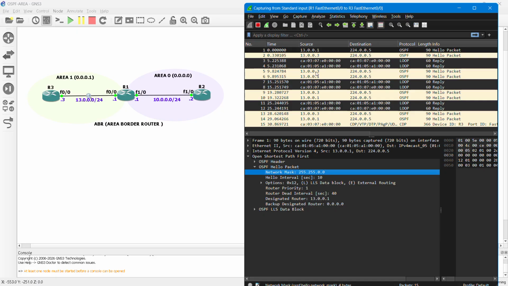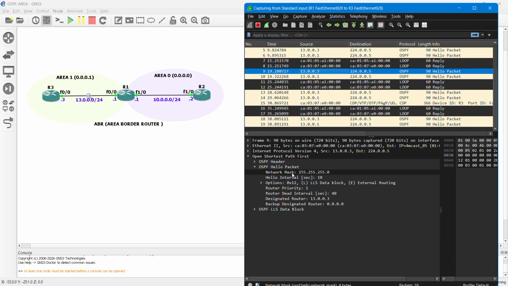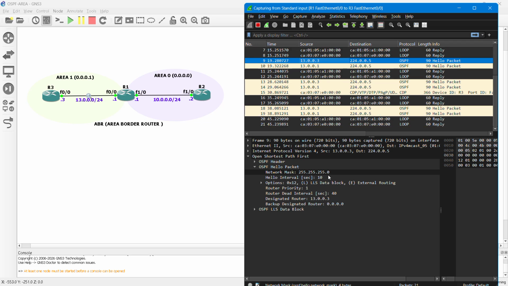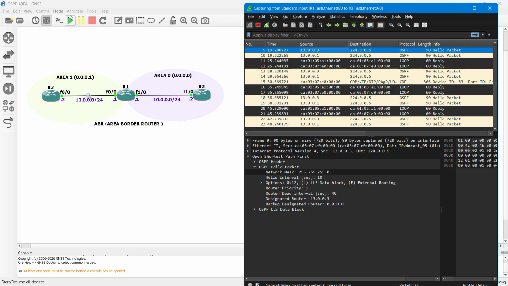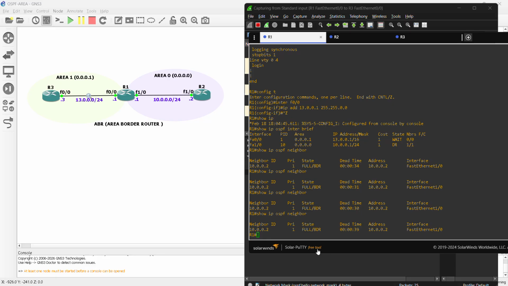But if you look at R3, the network mask, the subnet mask is 255.255.255.0, which is a mismatch. So we will go to R3 in order to fix it.